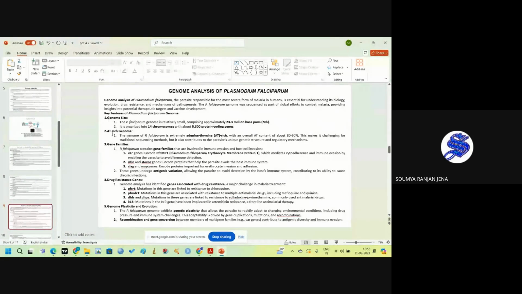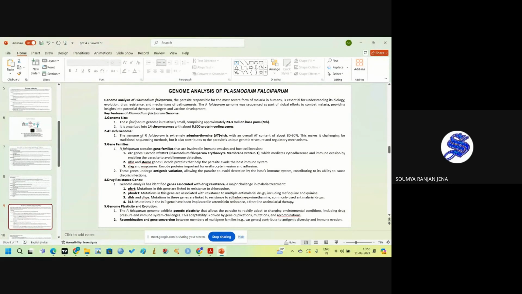Then, if you look at the genome size of Plasmodium falciparum, this genome is relatively small, about 23.3 million base pairs, organized into 14 chromosomes with 5,300 protein coding genes.